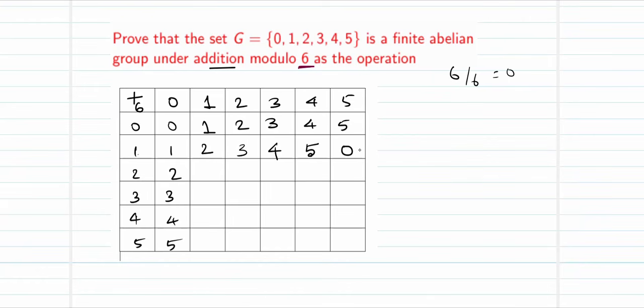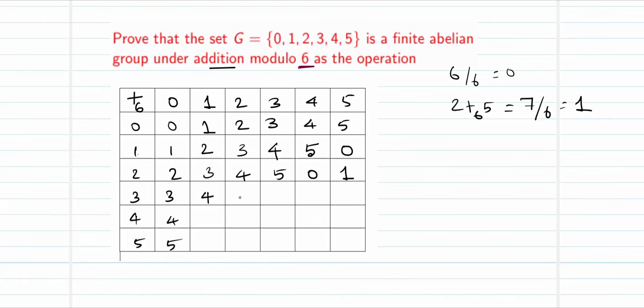So you place the remainder 0 over here. 2 plus 1 is going to be 3, 2 plus 2 is 4, 2 plus 3 is 5, 2 plus 4 is going to be 6. So 6 divided by 6, remainder is 0. Now next, 2 plus 5. 2 addition modulo 6 with respect to 5. 5, 6, 7. So 7 you divide by 6. What is the remainder it leaves? It leaves a remainder of 1. So place your 1 over here.